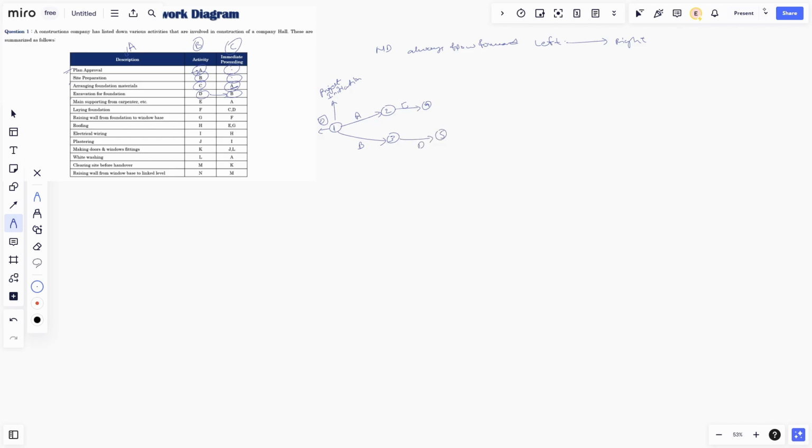But there is a slight trick in this. We completed till here, but you can see that in the laying foundation process we have one task, task F, which has a dependency on two tasks, C and D. So when we draw F, it should have a common node for tasks C and D, like this.